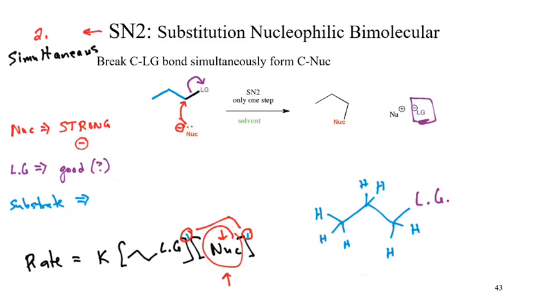Okay, do I care about this carbon? No. Why should I not care about that carbon and all those hydrogens? Okay, the chemistry is happening at that other carbon. It is happening at our substrate carbon where the leaving group is connected.